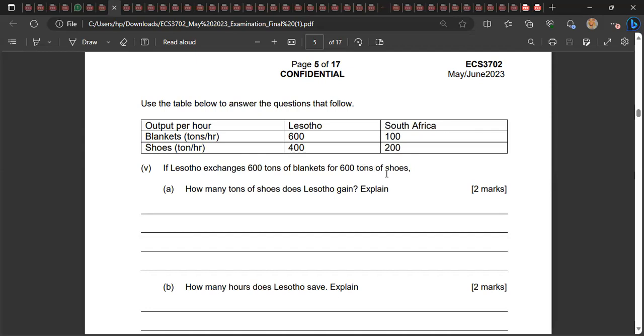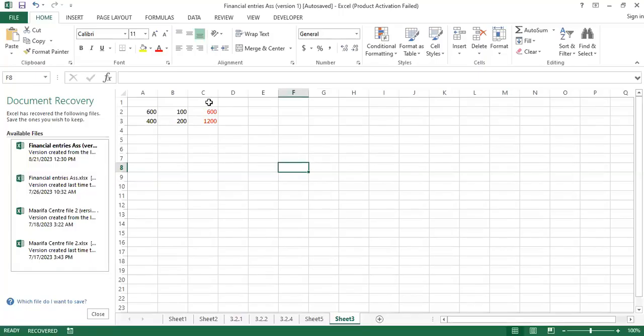So which means at the end of the day, Lesotho is going to get 600 tons of shoes, while South Africa is going to get 600 tons of blankets. Let's put it in this way. What's coming in now to South Africa is 600 tons. This is South Africa. So these two here represent SA.